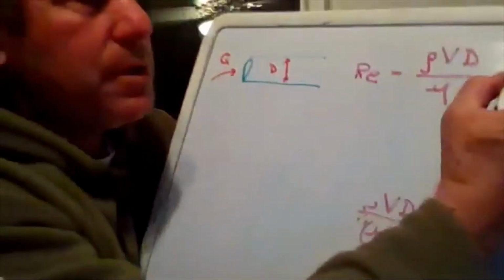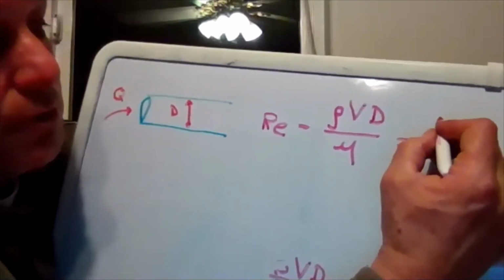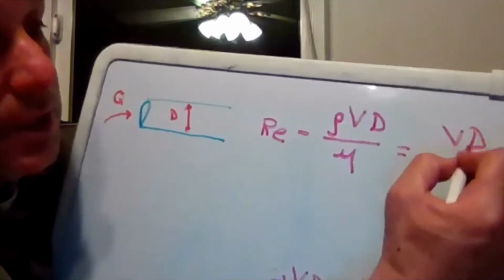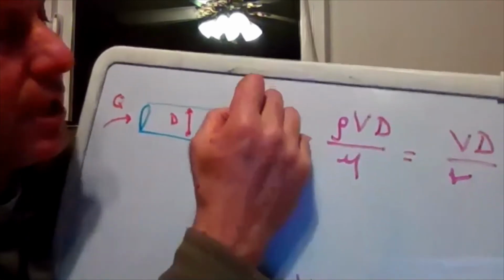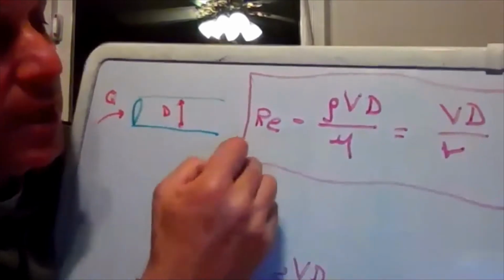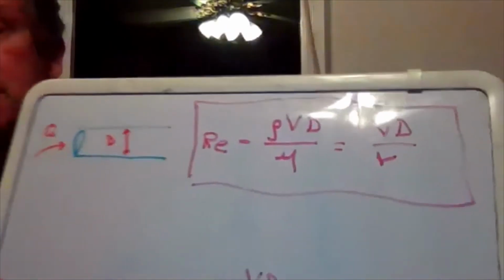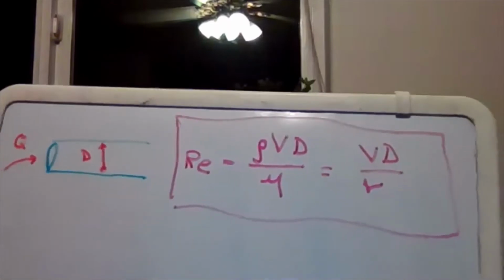So another way we can work it out is VD divided by the kinematic viscosity. That can be a shortcut a lot of times that helps us figure out what's going on.